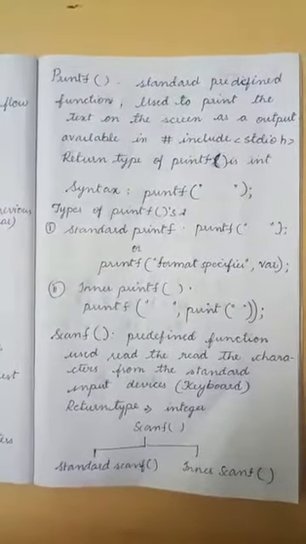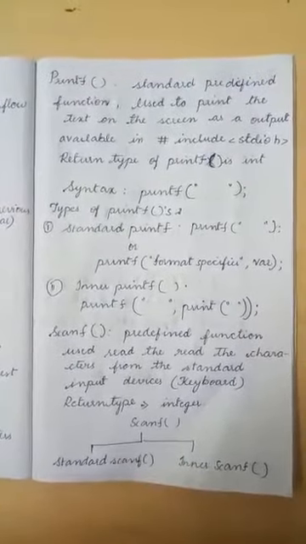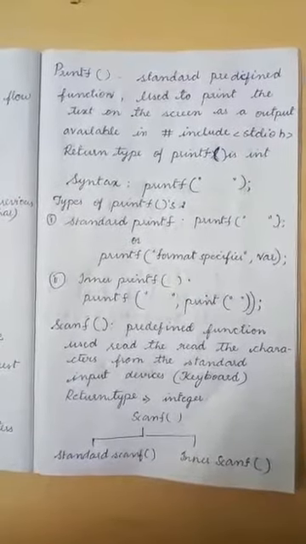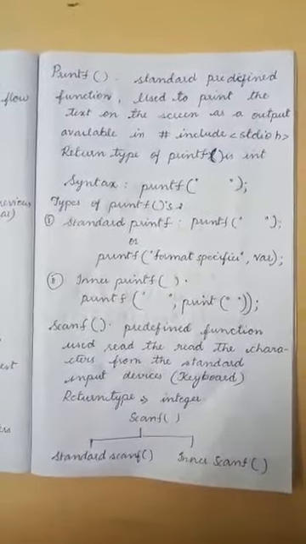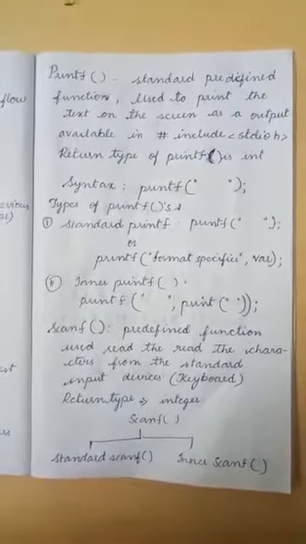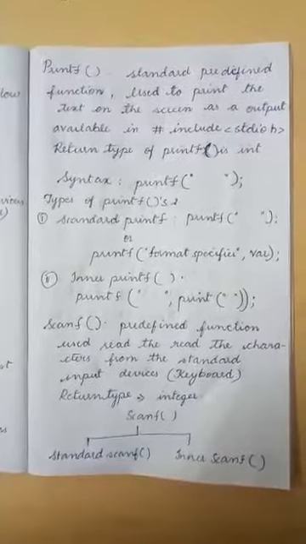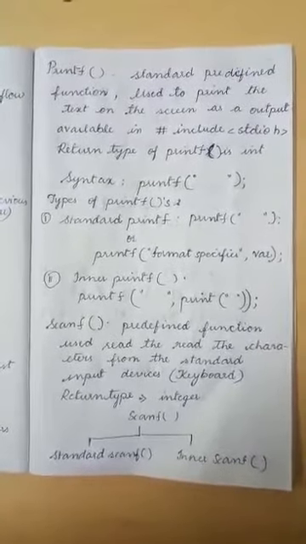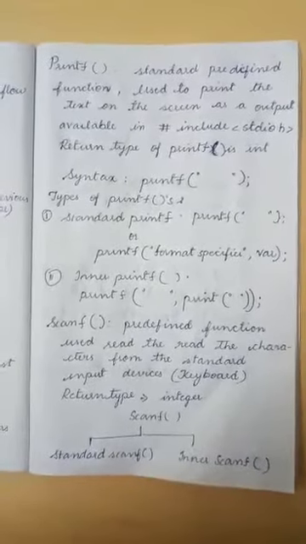First we'll see printf. Printf is a standard predefined function and it is used to print text on the output screen. It is available in the header file #include <stdio.h>. The default return type of printf is integer.